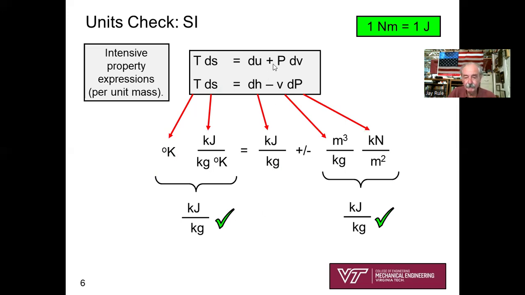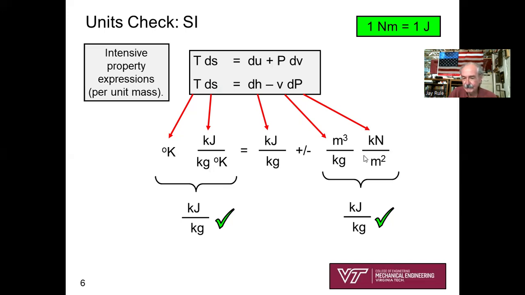And then if we combine visually our two equations, we've got a plus term and a minus term. But let's look at the units of little v, meters cubed per kilogram, okay, dP. I've got to have my pressure in SI. My pressure's got to be in kilonewtons per square meter. What is that? That's a kPa, pressure in kPa.